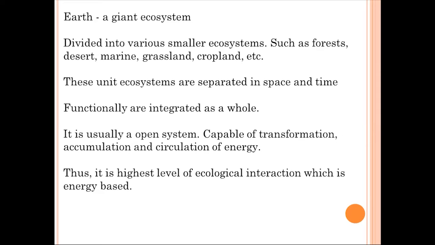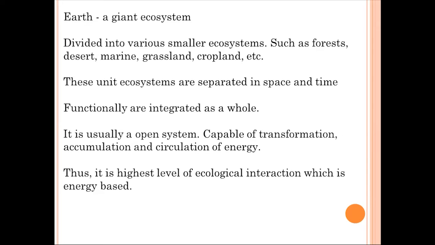Ecosystem is usually an open system. It should be capable of transformation, accumulation, and circulation of energy. Energy in living organisms is in the form of ATP. So, when one organism feeds on another, this energy transfers from one organism to another.